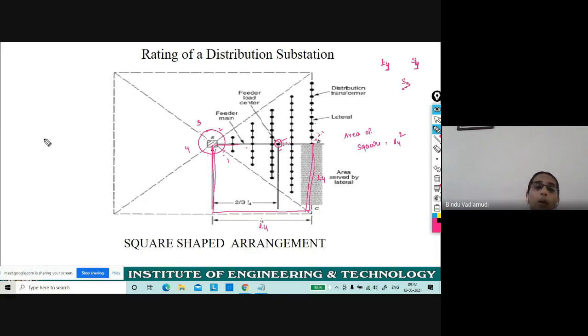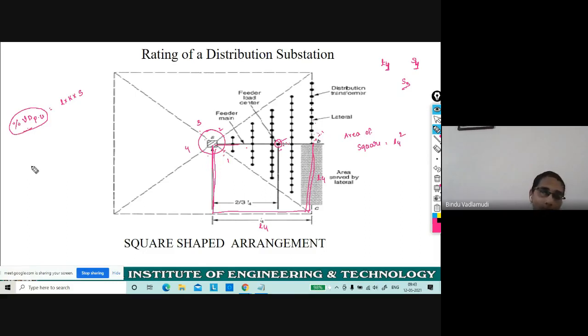Okay, and what is the voltage drop? What is the expression for the per unit voltage drop that we have derived? My question is whether the rating of the distribution system depends upon this voltage drop.